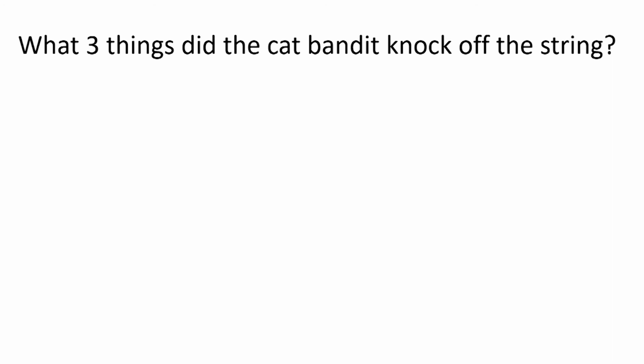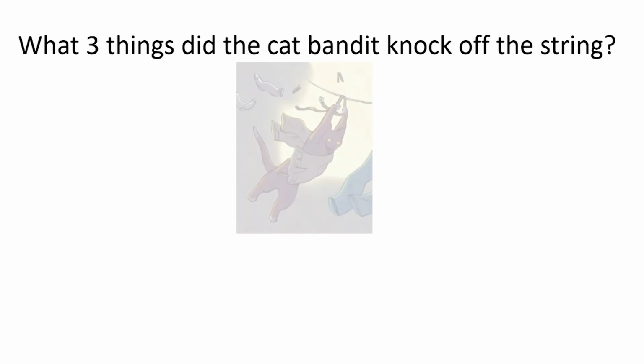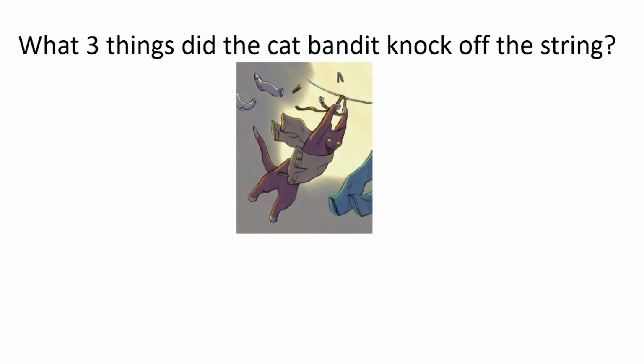What three things did the cat bandit knock off the string? Here's the picture. What objects do you see falling off the string?